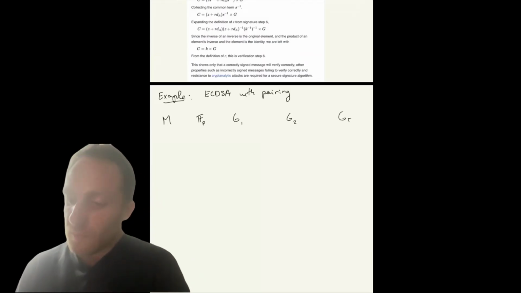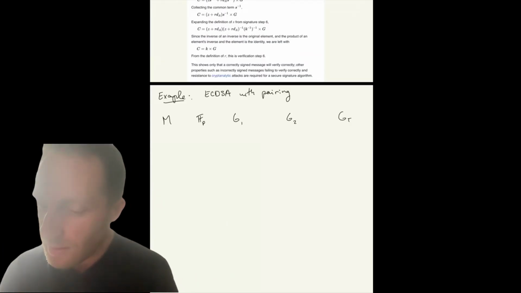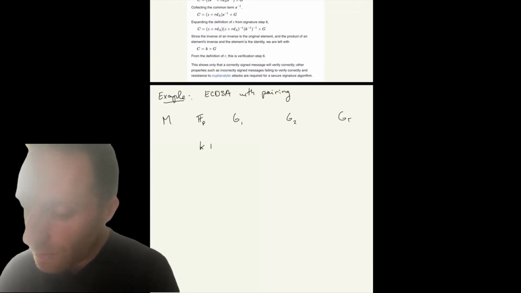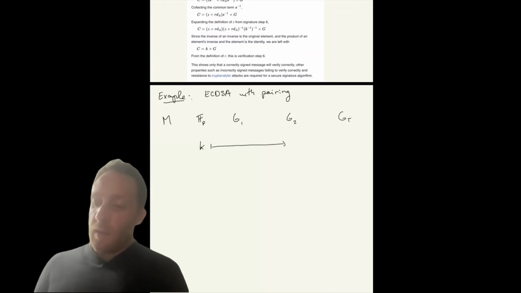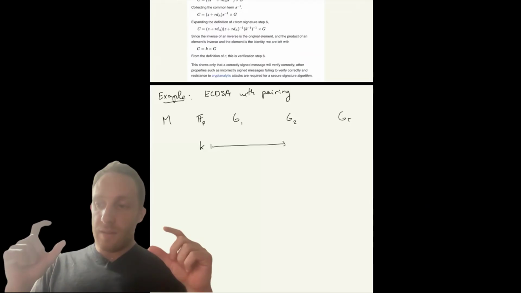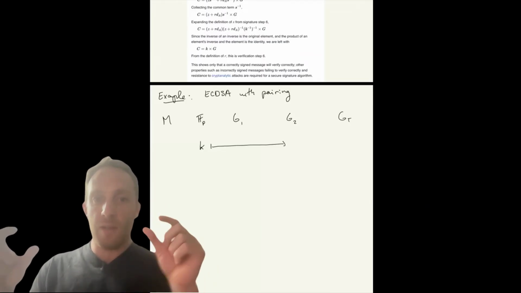Okay, so what do we have? We have a private and public key pair. I just call them k. Typically you always have a choice. You can either put the public key in G2 and the signature in G1, or the other way around.